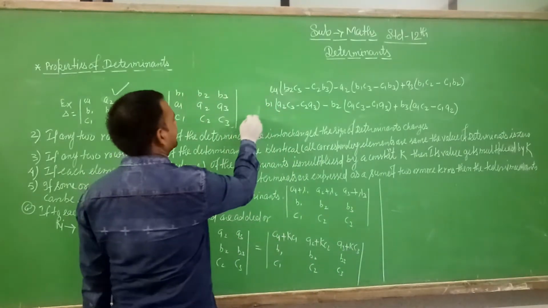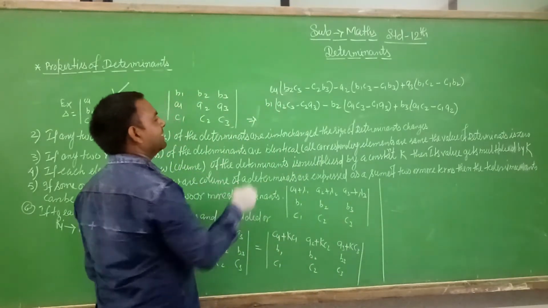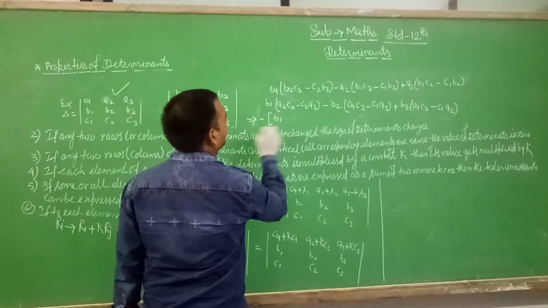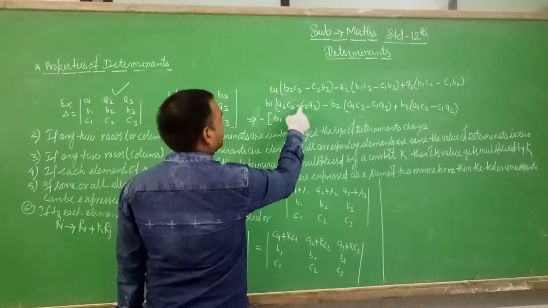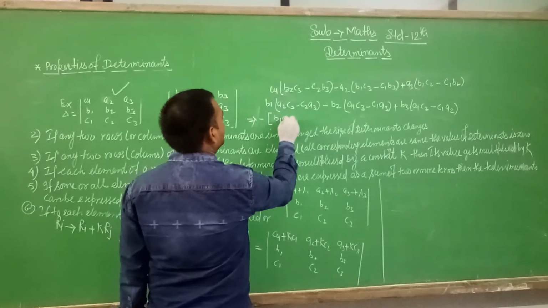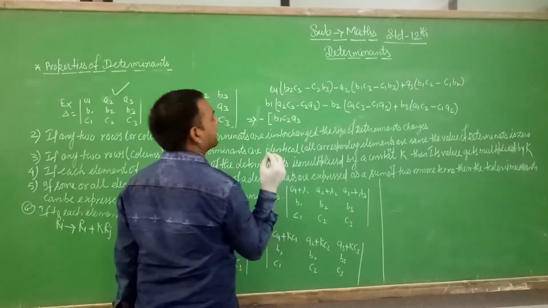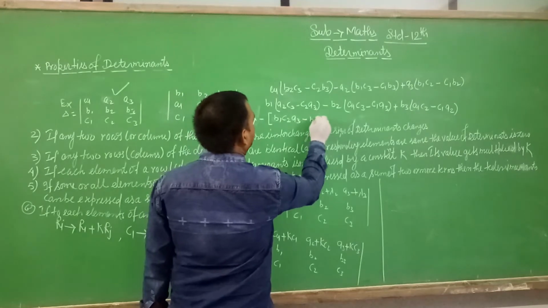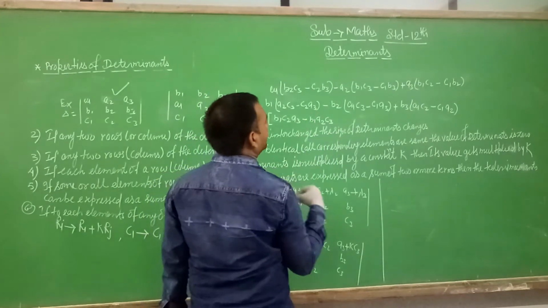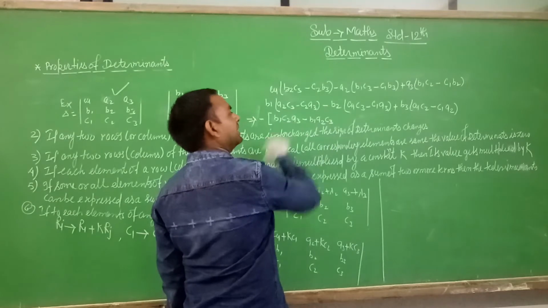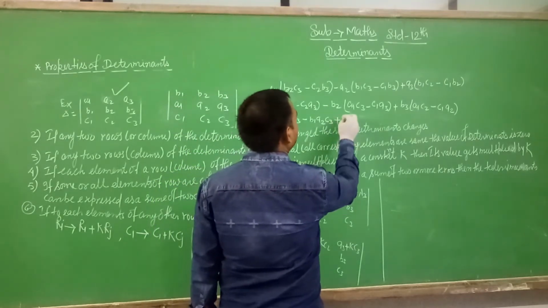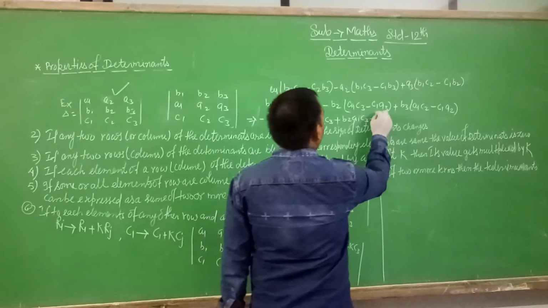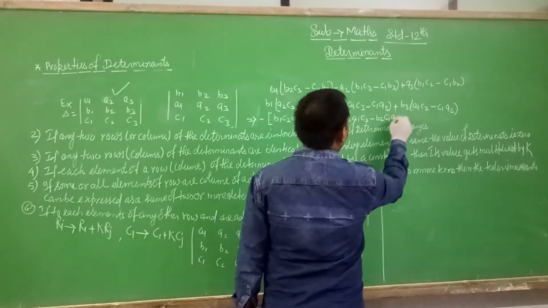Here you take the minus as common. If you take the minus as common, then you find that this is equal to B1 C2 A3, because the negative is converted into positive, and minus B1 A2 C3, because the positive is converted into negative. Then I take the minus common, so it is converted into plus: plus B2 A1 C3 and minus B2 C1 A3.